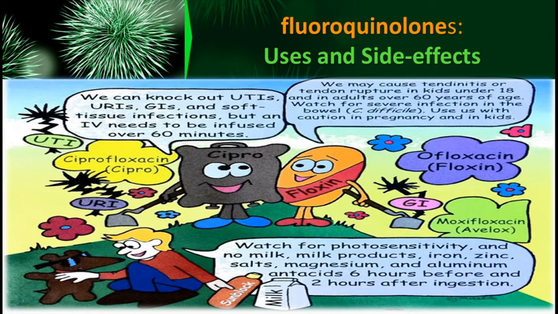Caution should be used also in the presence of renal dysfunction, which means if you have problems in your kidney, because it can interfere with the drug excretion, and also in cases like seizures, which could be exacerbated by the drug's effect on the cell membrane channel. So take note of that. I think I have given you some important points about the fluoroquinolones. So that's all, and watch out for my next video.